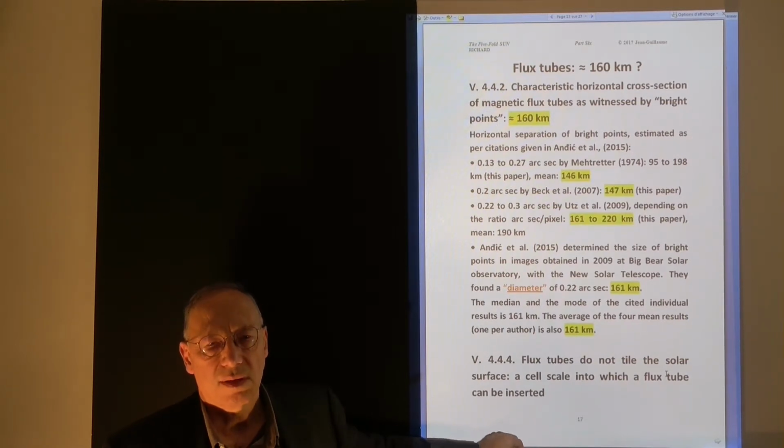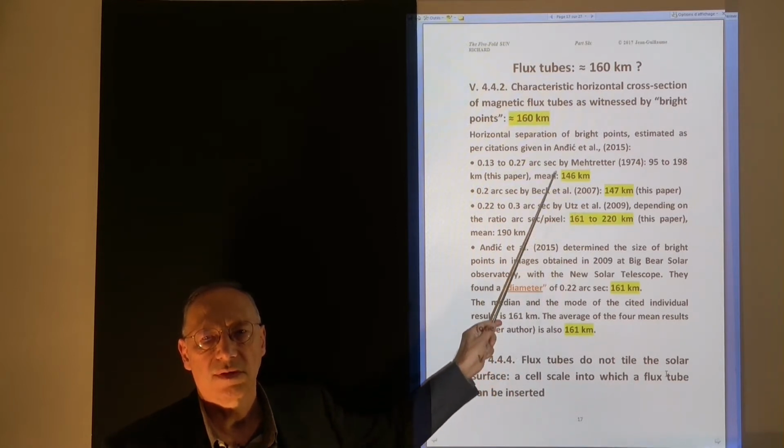Finally, we can also suggest adding at the bottom end of the distribution of solar cell types the flux tubes, which from a magnetic point of view would be the smallest conceivable cell size. And we look into what is the typical dimension of these flux tubes.